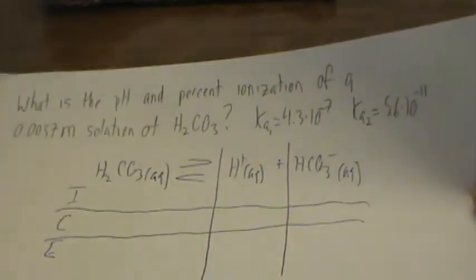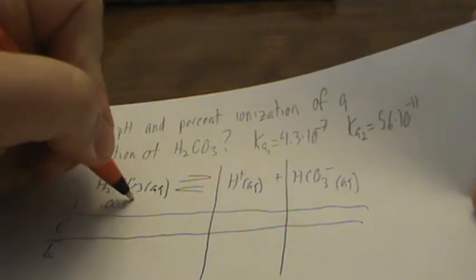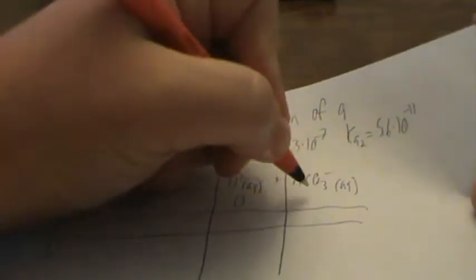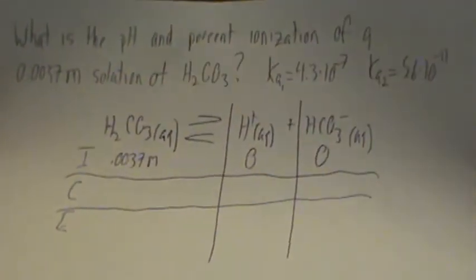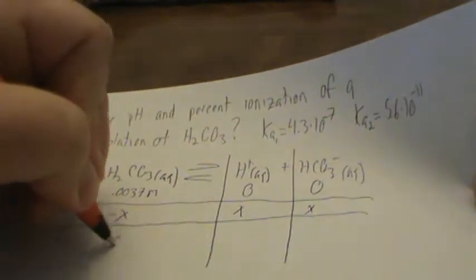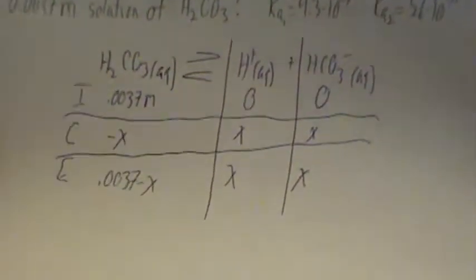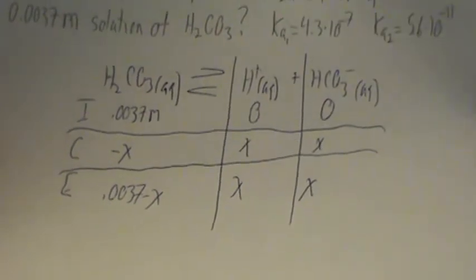So let's start setting some things up. We have our initial concentration of carbonic acid, 0.0037 molar, and hydrogen and hydrogen carbonate are 0. The change is negative x, giving 0.0037 minus x, and x. So that's what our ICE table looks like.